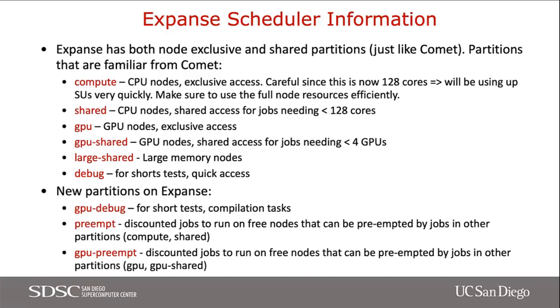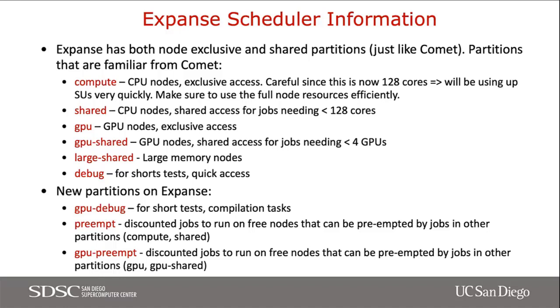So please be careful in terms of how many cores you need and if you really need the 128 cores from the compute partition, because you will go through your SUs real quick if you make a mistake. We've seen this happen on Comet, and we typically catch that, but it can lead to a much bigger penalty in this case because of the higher core count. We obviously can't refund that because the jobs are blocking those resources when you do that.